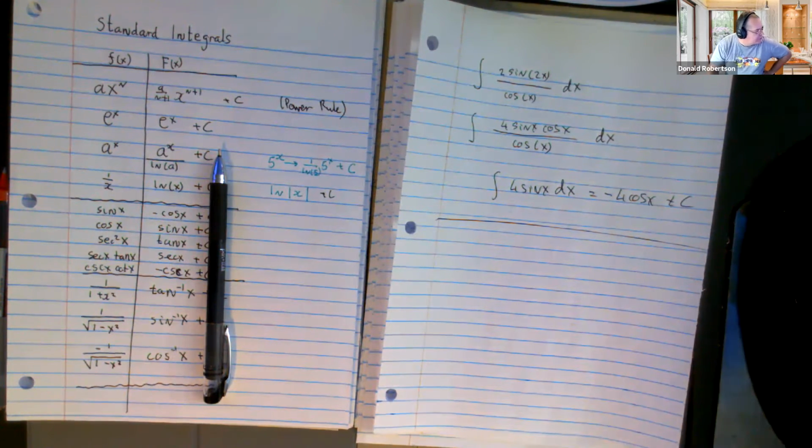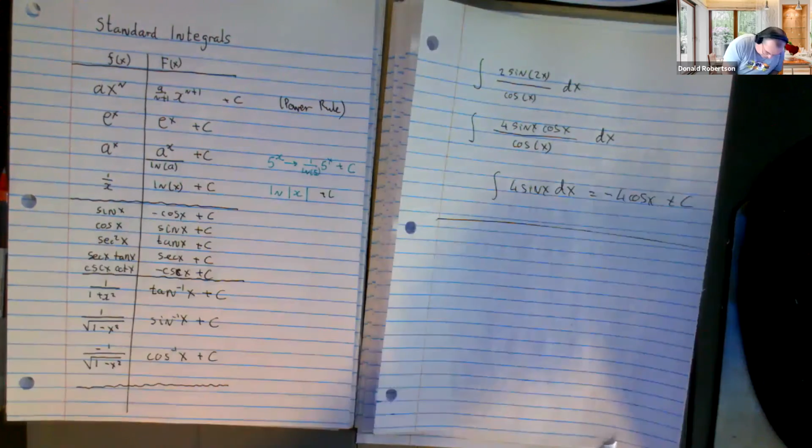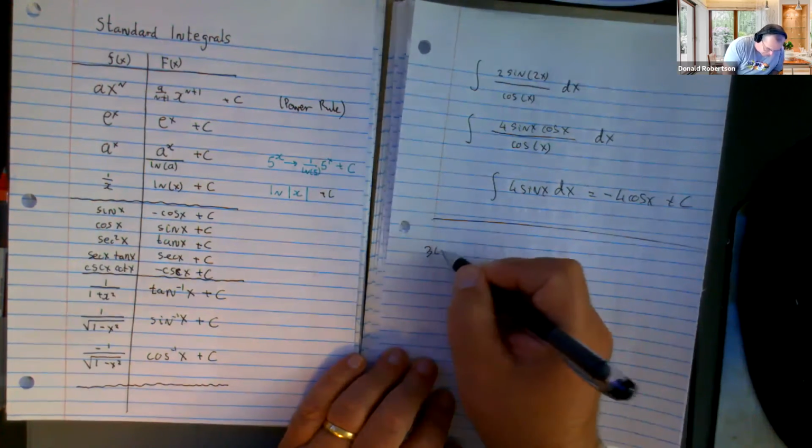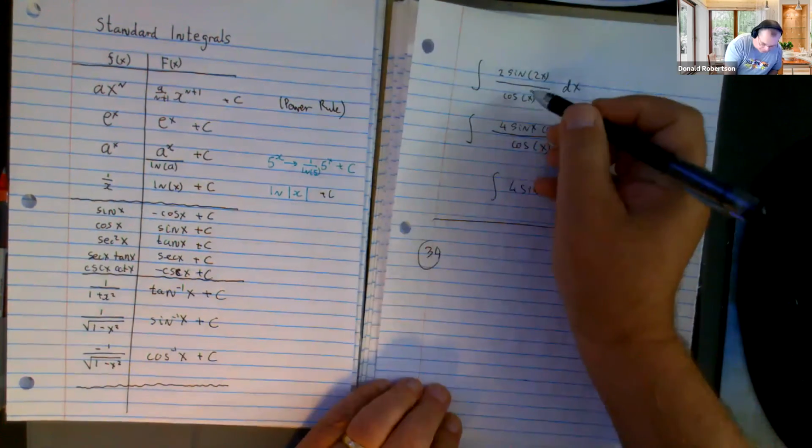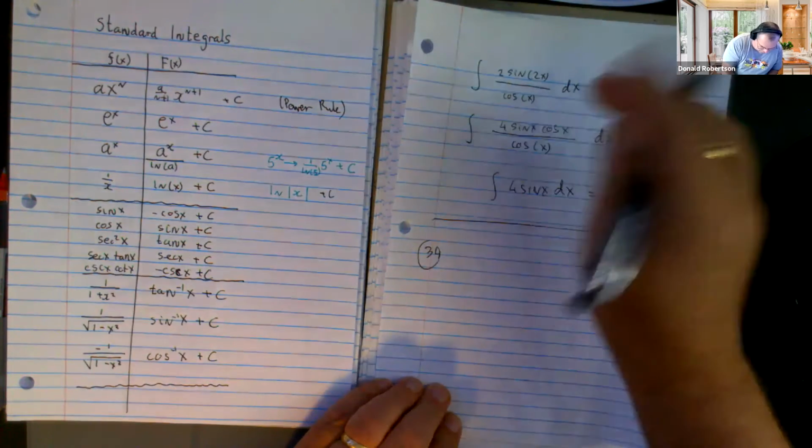Right, let's look at some more of these guys. This one is a version of question 34. I can't remember what one that is a version of, but one of your homework questions looks like this.